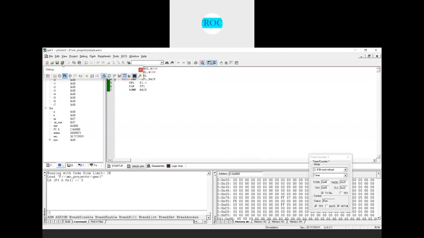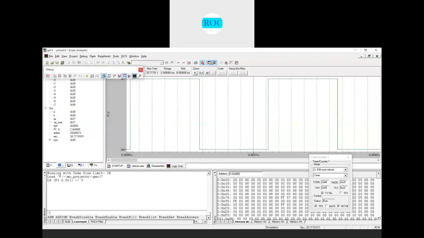Now we'll see the code. Now go to the waveform which is generated.